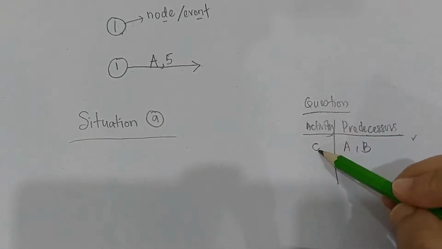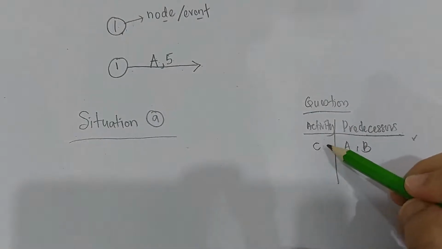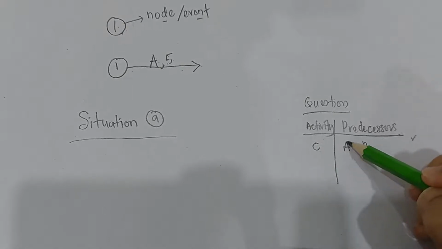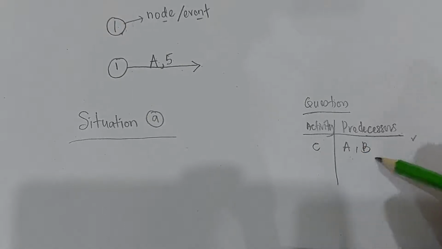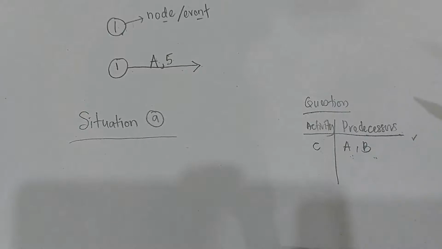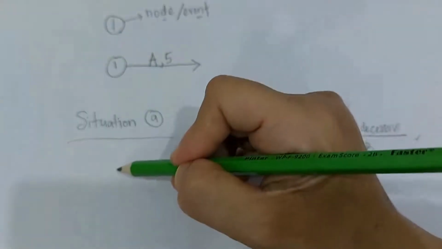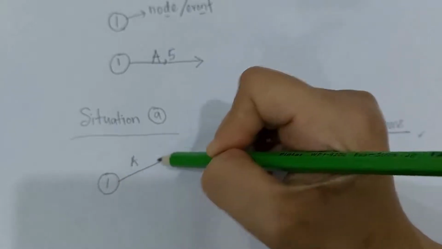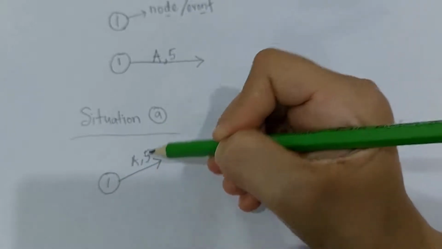Let's say I want to draw activity C. In order to draw activity C, it comes from A and B. A and B are the predecessors for activity C. Let's say activity A comes from event number 1. This is A, time is 5 weeks.